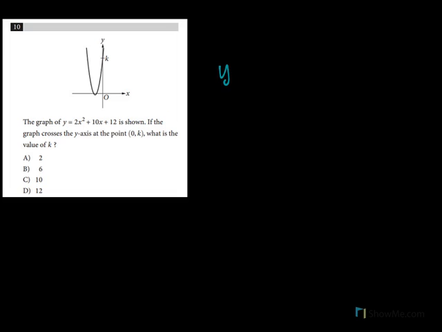So first of all, let's write the equation. y equals 2x squared plus 10x plus 12. We also know that the graph crosses the y-axis at the point (0, k).